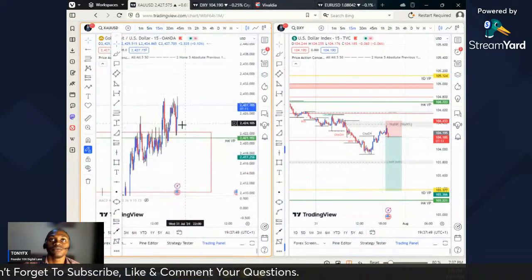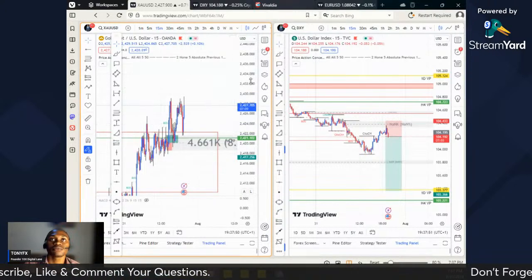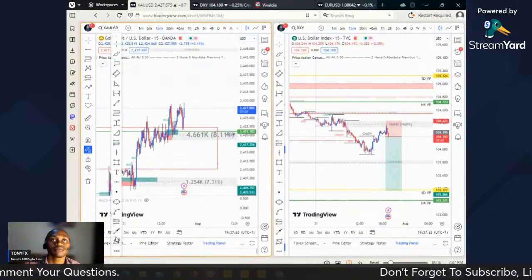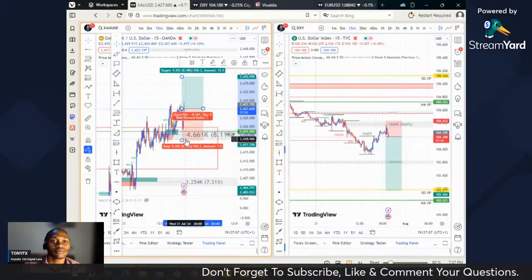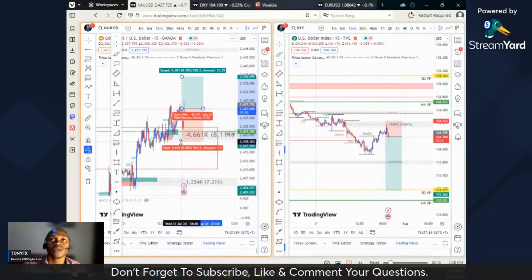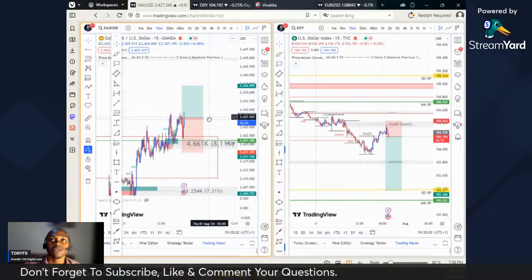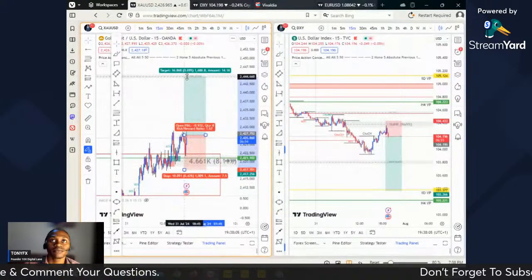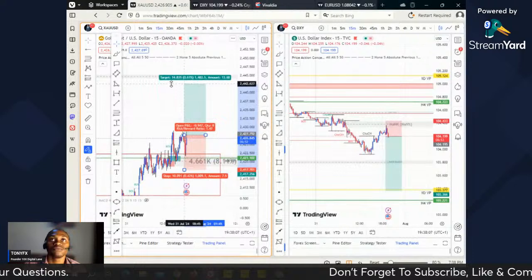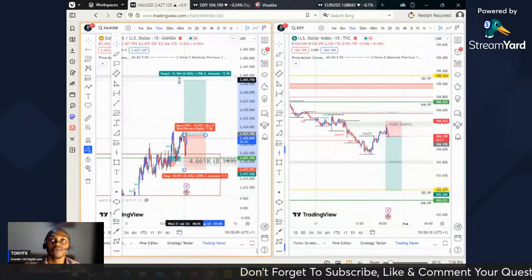You can consider buying gold, but you need to give it at least 100 pips, going for 150 pips.